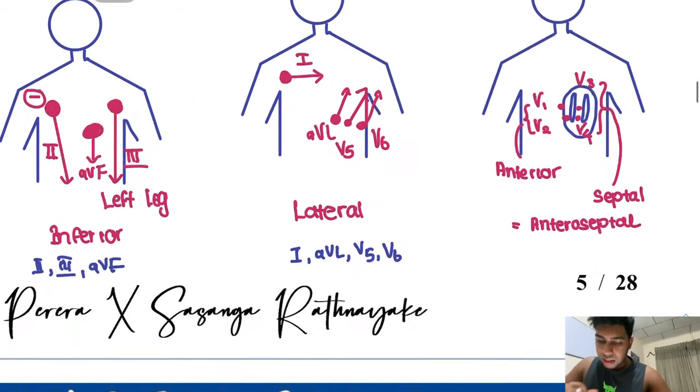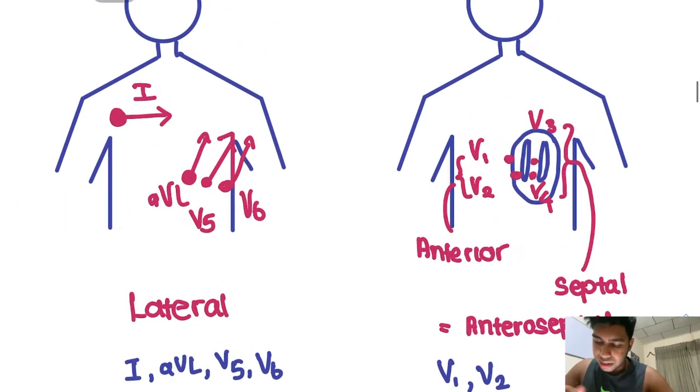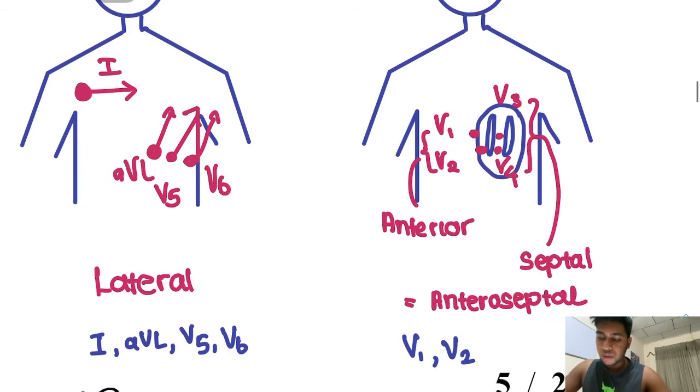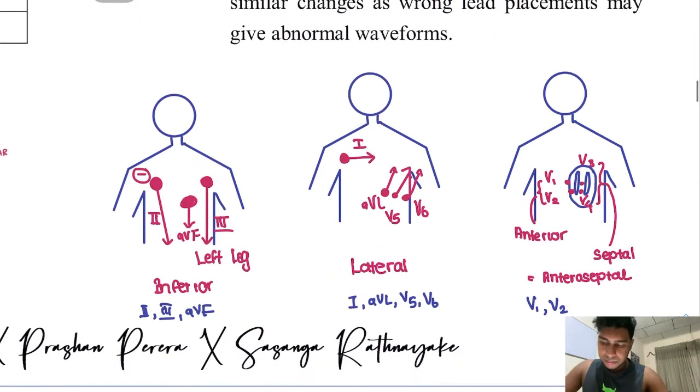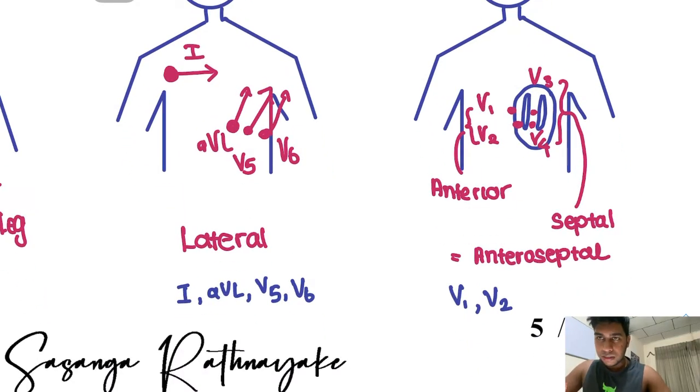Okay, I will explain this a bit more. Before that, V1, V2 are anterior leads. Okay, you can see I have placed them anteriorly over here. You can pause the video and draw this diagram. Finally, V3 and V4 are septal.